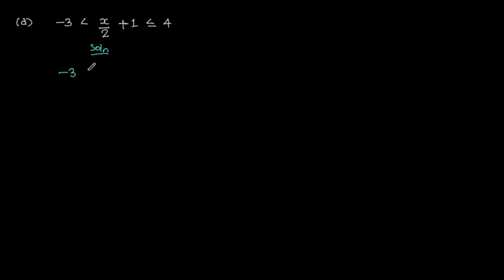So -3 is less than x over 2 plus 1, and x over 2 plus 1 is less than or equals to 4.